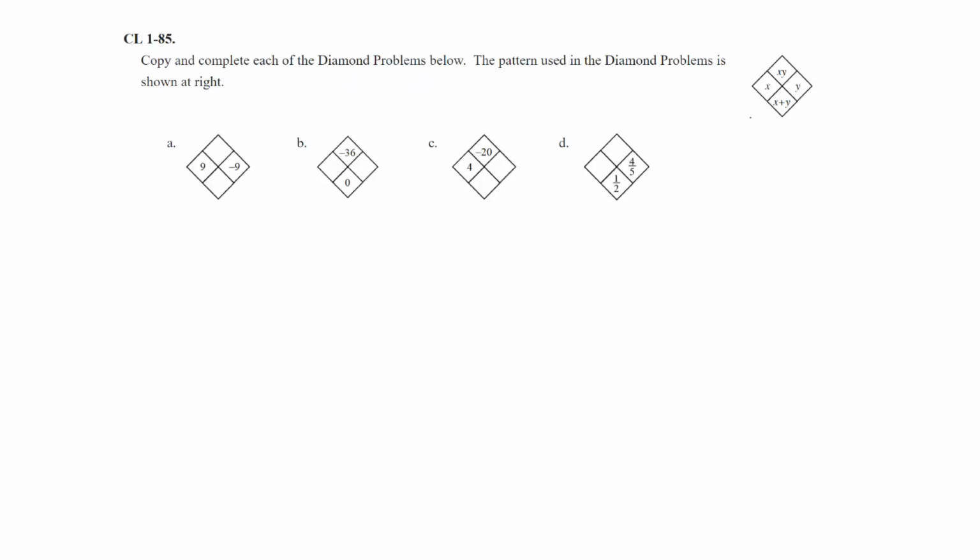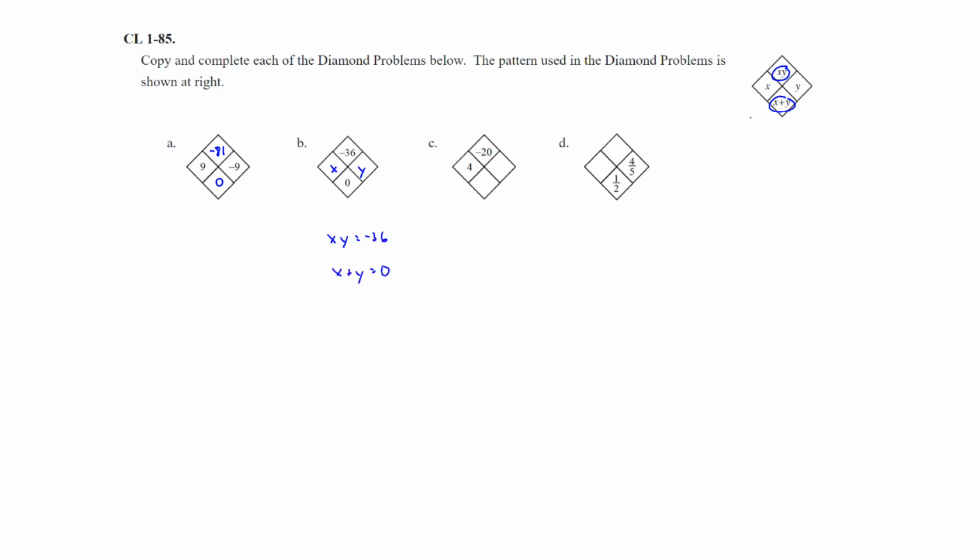Question 85 is the diamond question. It's done these a couple different times. Remember, on the top here, we're multiplying, and on the bottom, we're adding. So 9 times negative 9 is negative 81. 9 plus negative 9 is 0. On this one, we're looking for what two numbers multiply to give you negative 36, but then when you add them, you get 0.